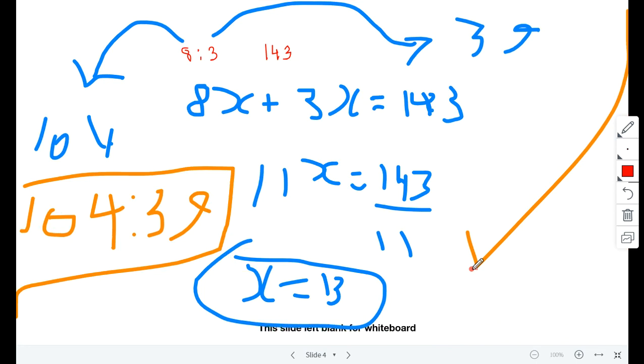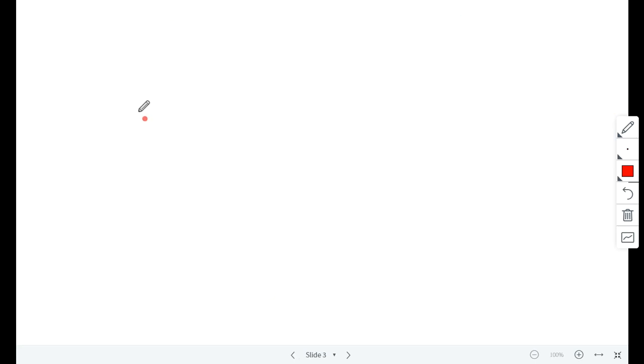Now the next is, it's given as: the length of a rectangle exceeds its breadth by 9 centimeters.